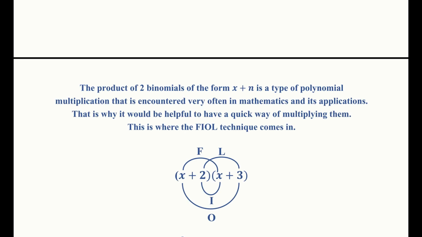All right, finally for the day, we're going to look at what is known as FOIL. It's actually going to play a bigger role later when we do factoring, meaning the opposite process of multiplying, than it will now, but we'll go ahead and introduce it here, and we'll use it extensively later as well.